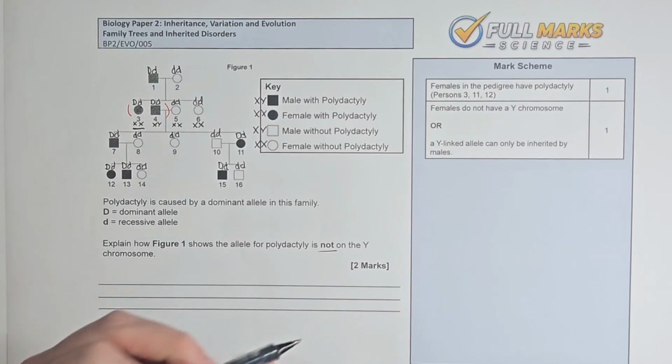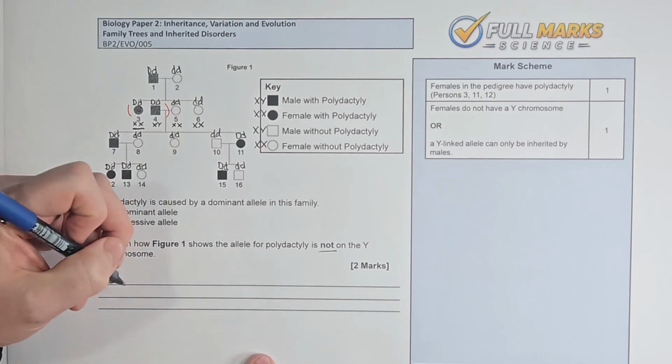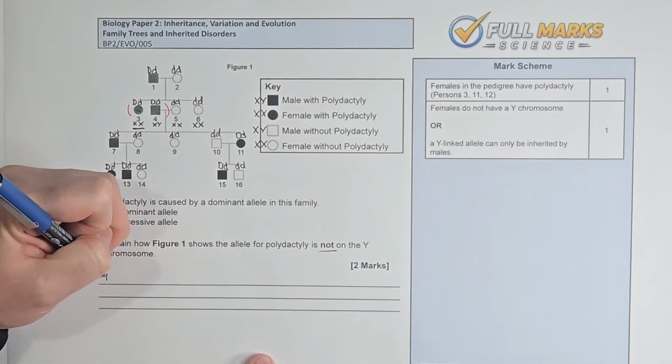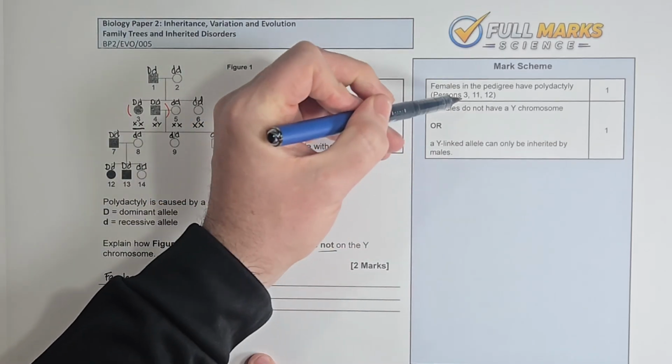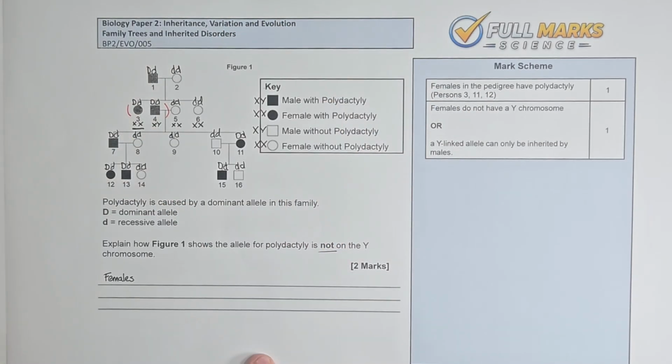So when we're doing our 2-mark answer, we need to say what the thing is. We need to say why it's that way. So just to explain exactly what I have just said. So females there. And you can see on this mark scheme, females in the pedigree. So the pedigree is just referring to this family tree. If you say the family tree, that's fine.